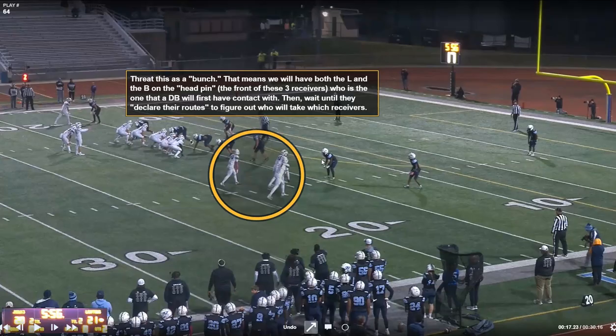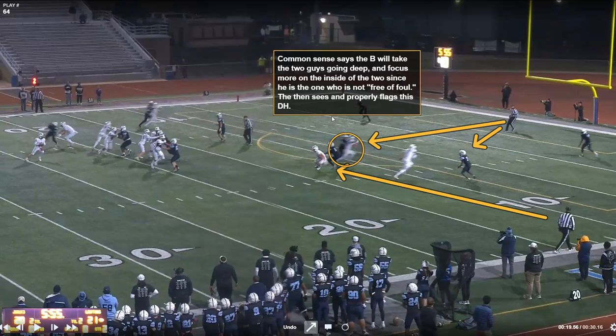So we're going to be looking at that, and then we called a bunch because we wait until they declare their routes, and they're going to declare their routes by going different directions and so on, and then we kind of figure out who we're going to guard. So right about now, we can figure out who is going to take who. And we have 2 receivers who are going deep.